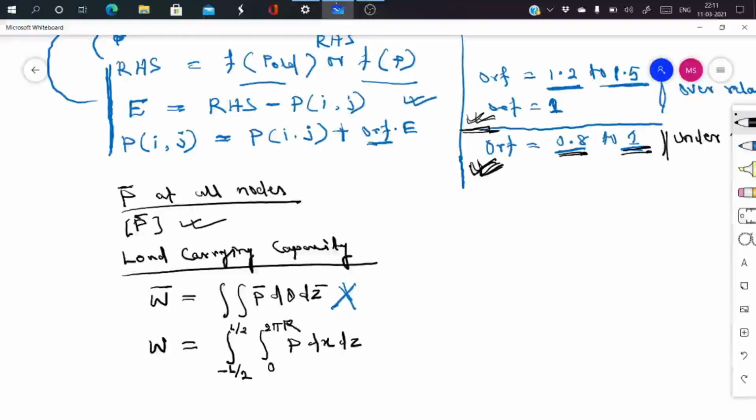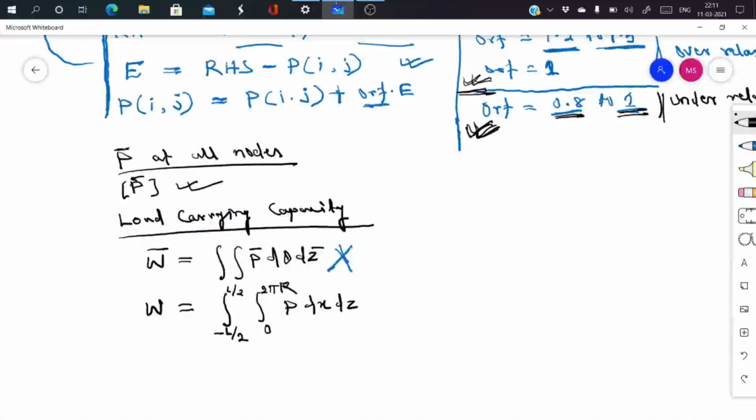Okay, now you use the non-dimensional quantities here. You can make it like 0 to L by 2 and then 0 to 2 pi r, something like that.